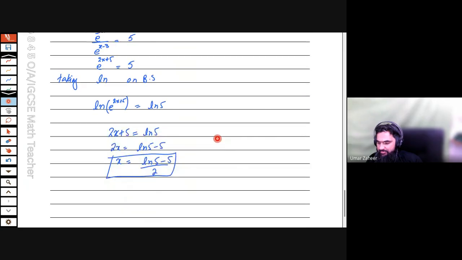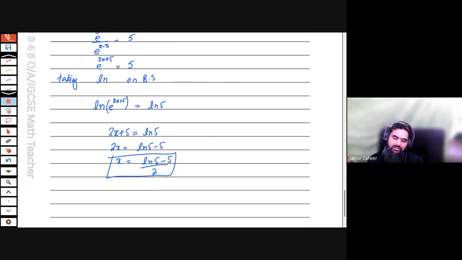This cancels out, you will get that 2x plus 5 is equal to natural log of 5. So 2x is equal to natural log of 5 minus 5. X is equal to natural log of 5 minus 5, divided by 2. So I'm going to get the value. Because he says that in the exact form, that's why I just write it. If he says that you have to find the answer in decimal, you can use the calculator.